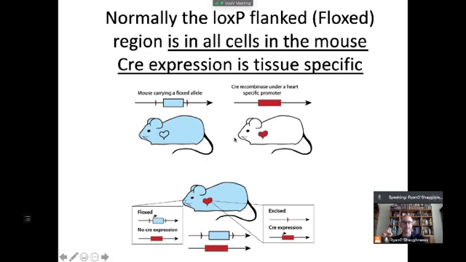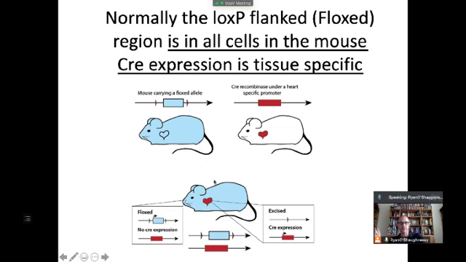In the other mouse we have a Cre recombinase under the control of a heart-specific promoter. You mate those two mice and what you get is a mouse that has floxed alleles throughout and also the ability to express the Cre recombinase under that heart-specific promoter.